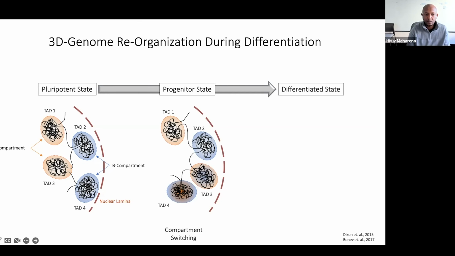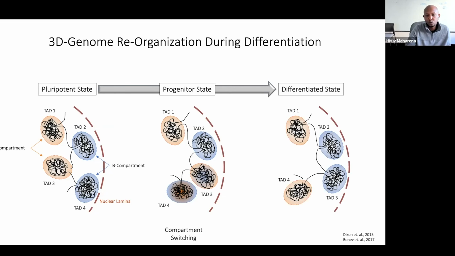However, this is still an unstable positioning where they're both occupying both spaces at the same time. And once we get to a fully differentiated cell, which would include cells such as neurons, astrocytes, and the other cell types of the brain, these topologically associating domains are now stabilized in where they're supposed to be.